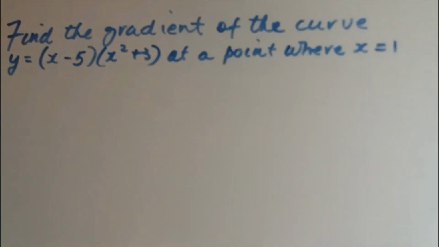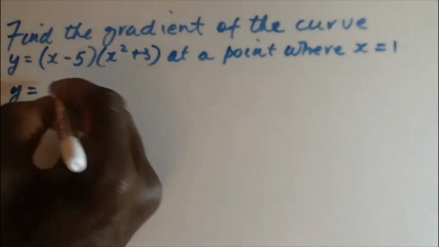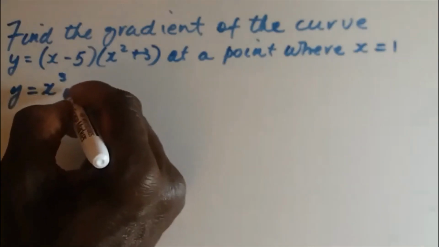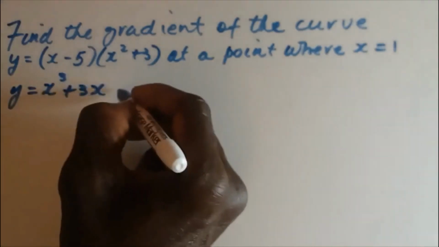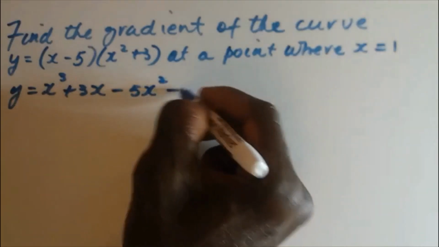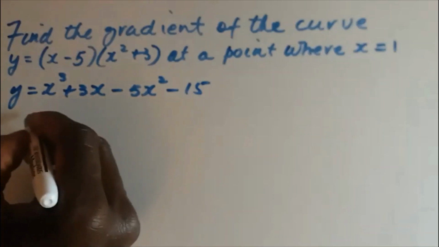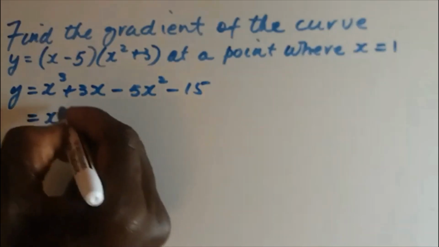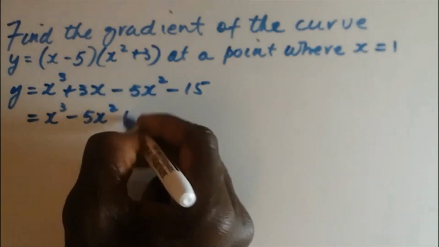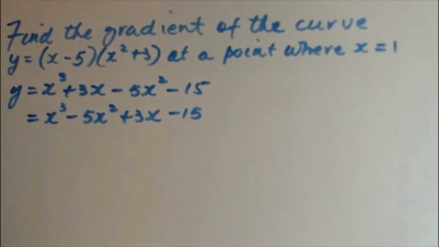So let's go ahead and simplify y. y is equal to x cubed add 3x minus 5x squared minus 15. And we can rearrange that as x cubed minus 5x squared add 3x minus 15.